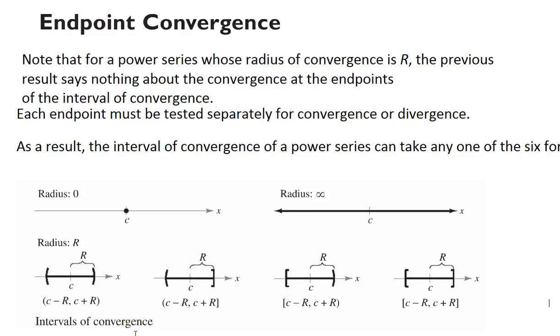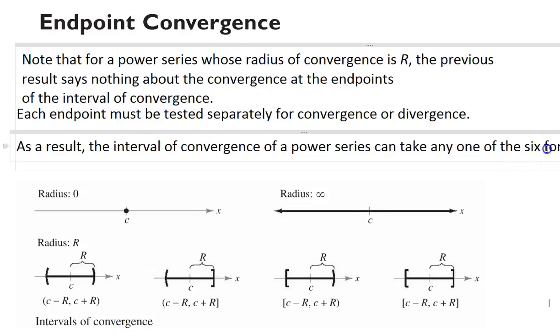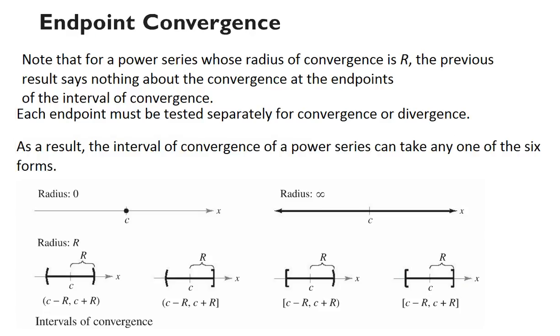Alright, let's talk about the interval of convergence of a power series. Note that for a power series whose radius of convergence is r, the previous result, the one that we saw in the first video, says nothing about the convergence at its endpoints.